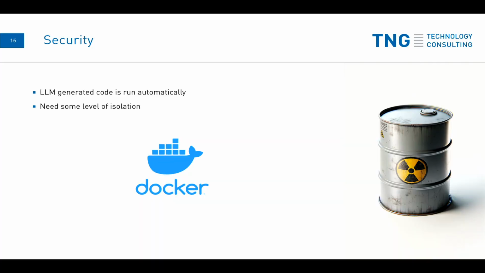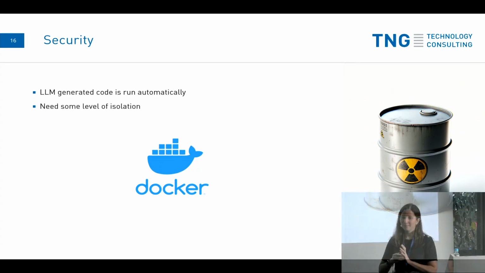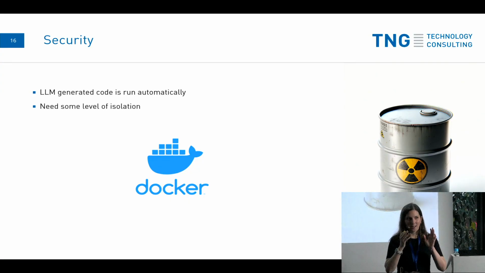So that's for the input to our tool, or rather to the components. There's still a few important aspects. One is security. So if you've been paying attention to the workflow, we generate the tests and then we run them. So that's automated, right? That means we get code that comes from an LLM, we don't look at it, and we just run it. I don't know about you, I'm not too keen on doing that on my machine.